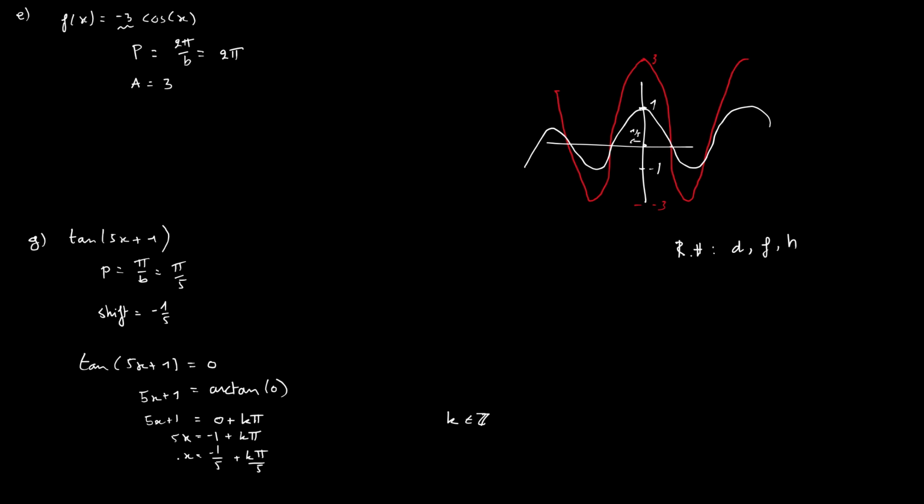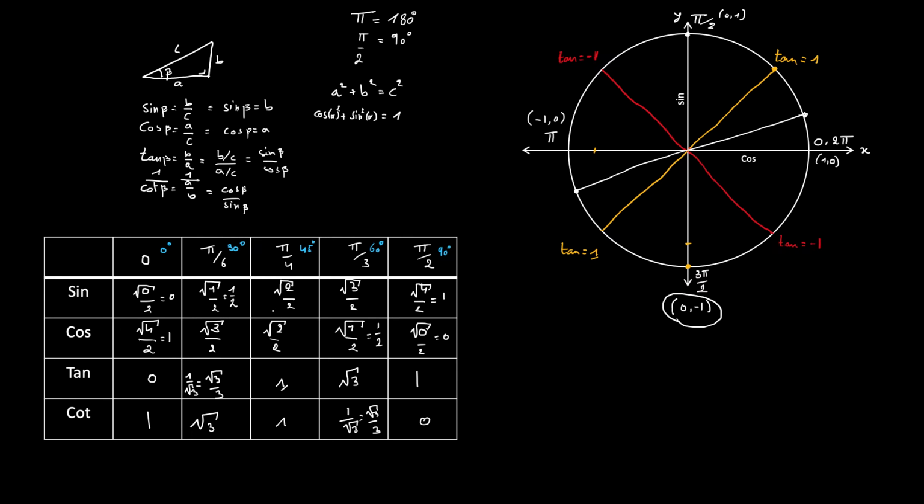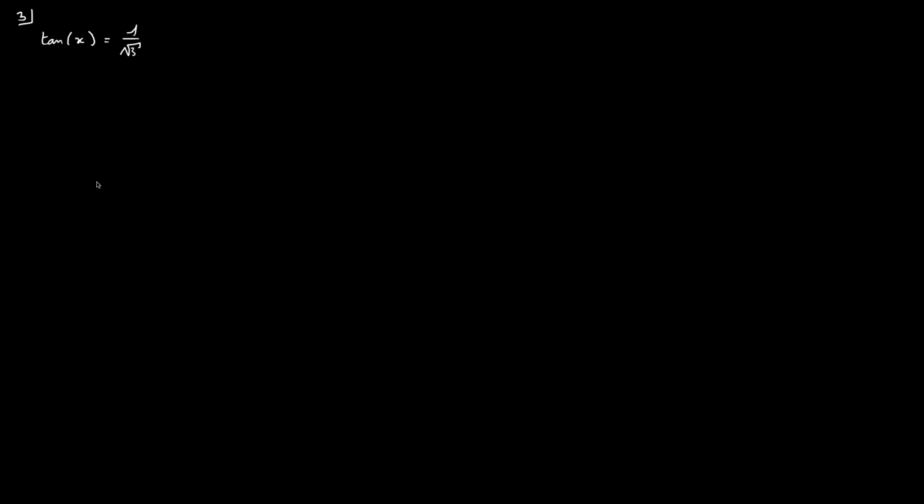And here what we're interested in is basically trying to solve things. But we've already done that a couple of times, so basically over here you're already solving these trigonometric equations. But now let's do some real exercises on them. So for the first one, we're interested in tangent x is equal to 1 over the square root of 3. Okay, let's have a look at our table. 1 over the square root of 3, or root 3 over 3, is at pi over 6.